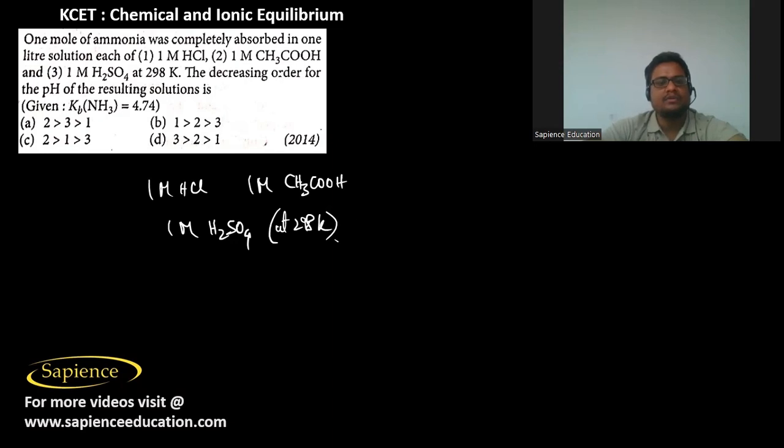1 mole of ammonia was completely absorbed in 1 liter of solution. Now NH3 is a weak base. So weak base plus acid.